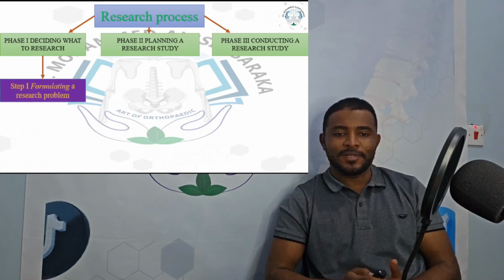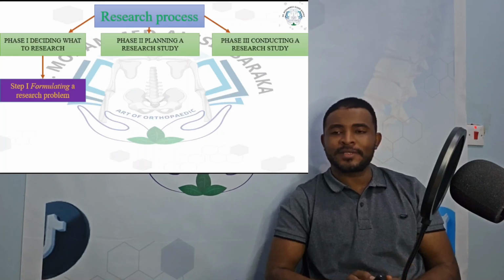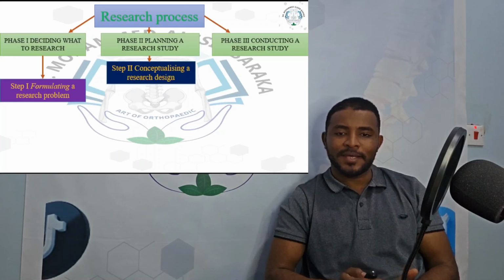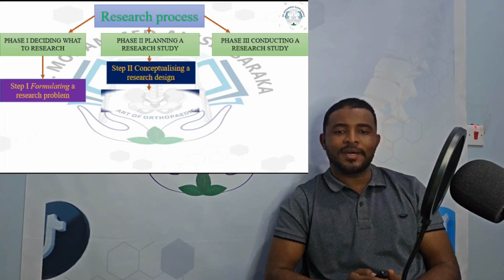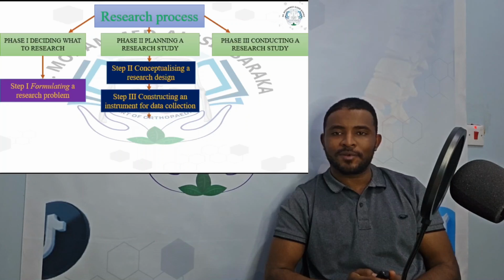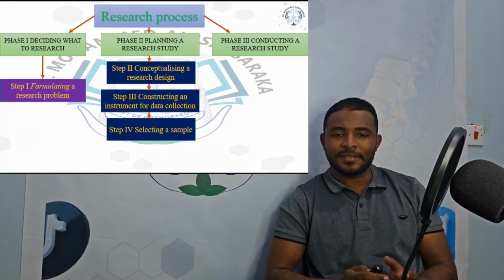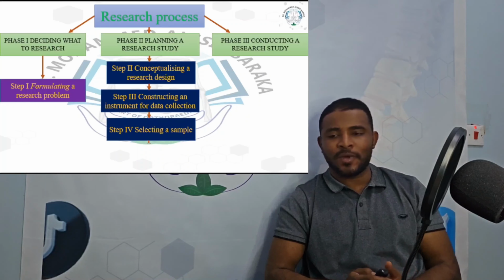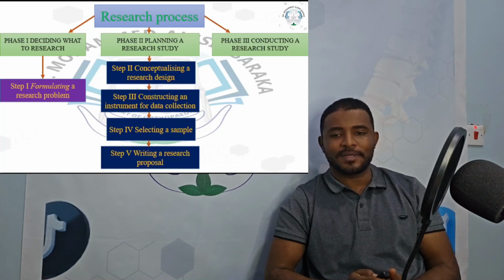In phase 1, there is only one step: how to formulate a research problem. Phase 2, planning the research study, contains 4 steps: conceptualizing a research design, then constructing an instrument for data collection, after that selecting your sample, then writing a research proposal.